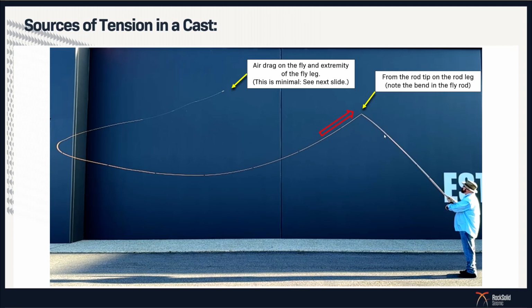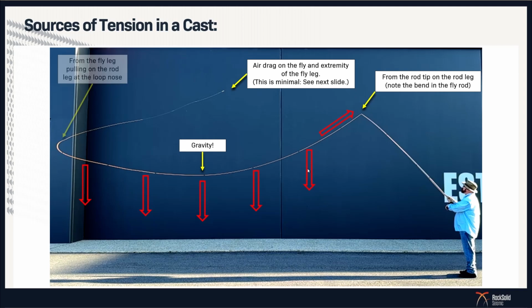We also have gravity acting throughout the rod leg, pulling because the fly line has a bit of mass, so gravity is going to pull it down. And we also have tension from the fly leg pulling the rod leg at the loop nose, and that amount of tension gradually decreases because we have a taper at the end of the line here. So we have the fly leg pulling on the loop nose, which adds tension at this point here.